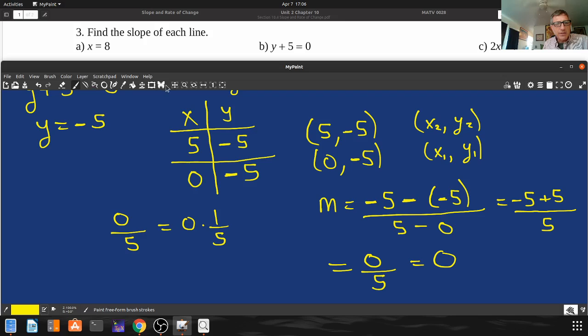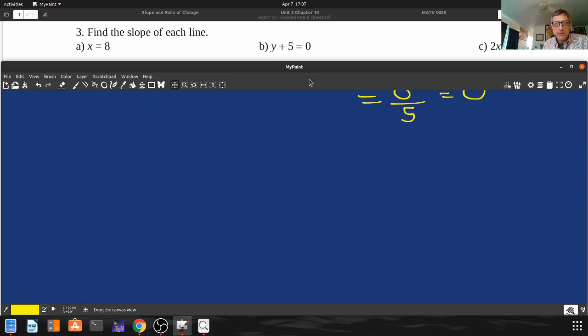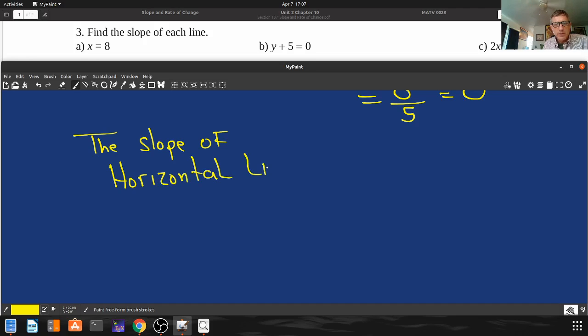So that leads us to another observation, which I will write here. The slope of horizontal lines is 0.